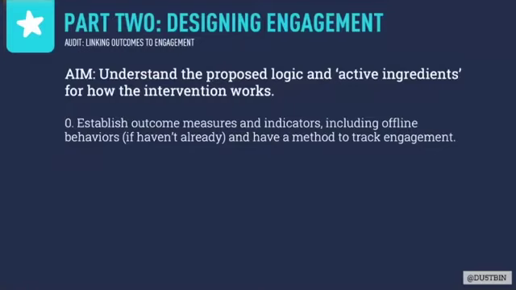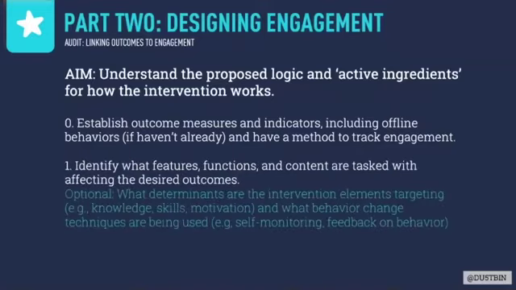What are the things people are reading, doing that we believe are going to lead to those outcomes, right? To do that, again, we want to make sure we've established those outcome measures and indicators, including offline behaviors if we haven't yet, and we need some kind of method to track those as well. So making sure we have that set up.